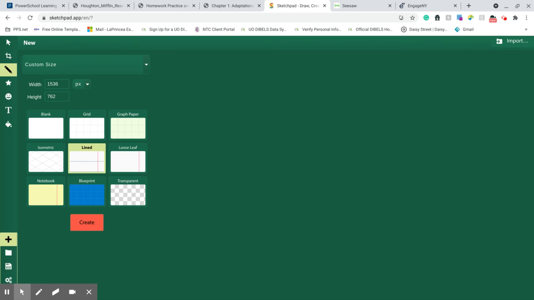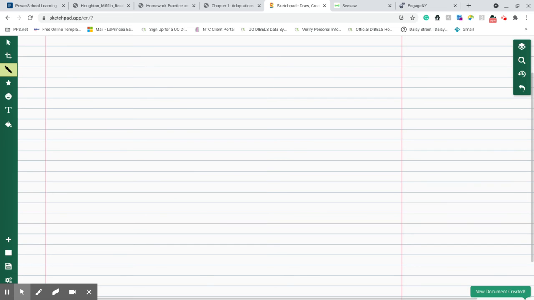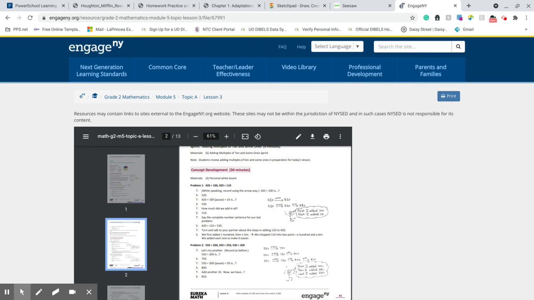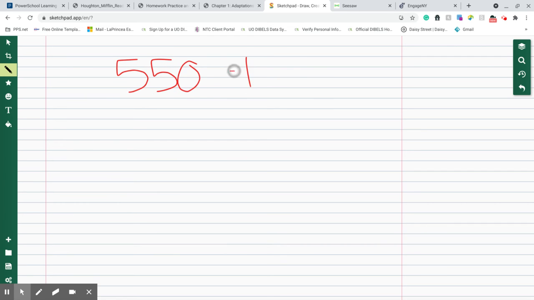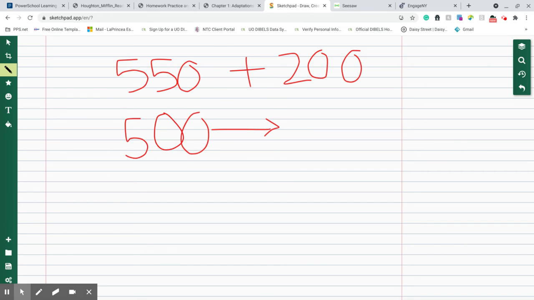Okay, last one. Let's go with 550 plus 250. So there's many ways that you can do this. Like I said, you can break apart your 200, or you can literally just draw the arrow and then put plus 200.